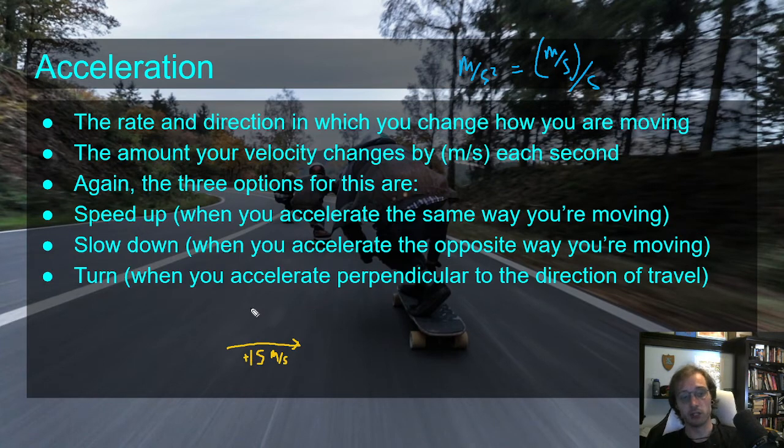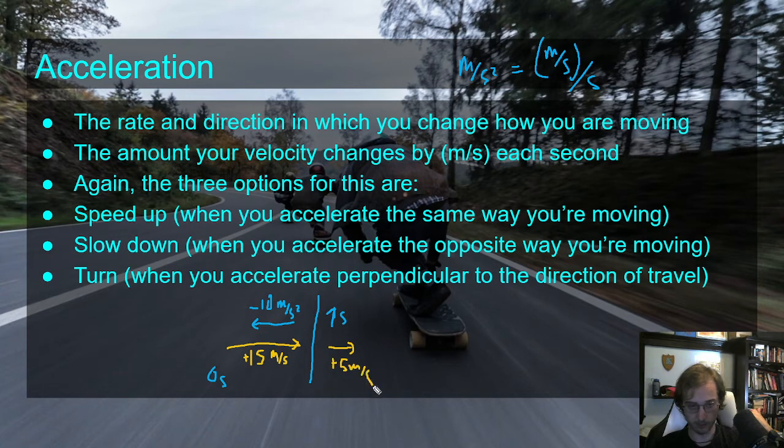If my acceleration is minus 10 meters per second squared, what that's telling me is that every second I need to take 10 and subtract it from my current velocity. So at 0 seconds, it'll look like this. At 1 second, we'll have taken that 15 and taken away 10. So what we'll be left with is a velocity of plus 5 meters per second.